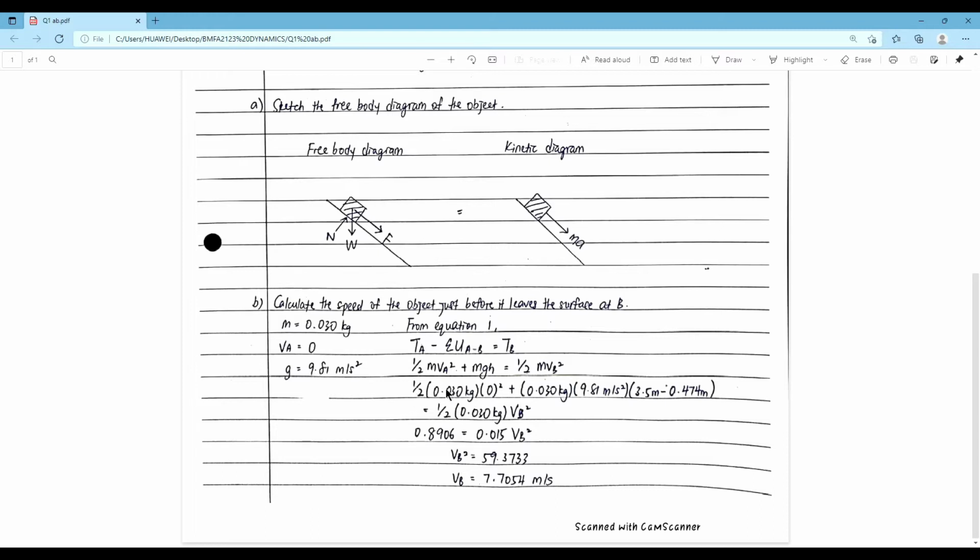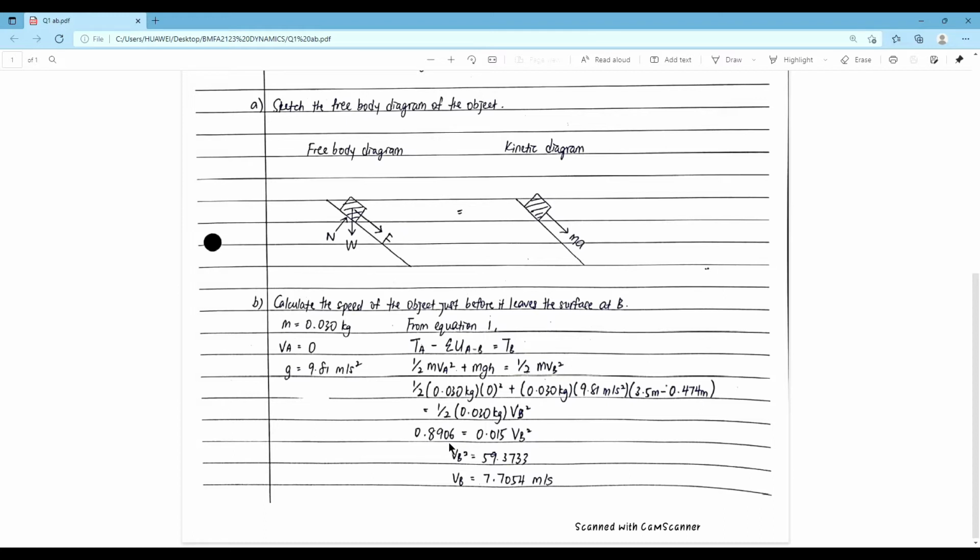So we just put the information we have into the equation. 1 over 2 times 0.030 kg times 0 squared plus 0.030 kg times 9.81 meter per second squared times 3.5 meter minus the y0, which is 0.474 meter, is equal to 1 over 2 times 0.030 kilograms times VB squared.